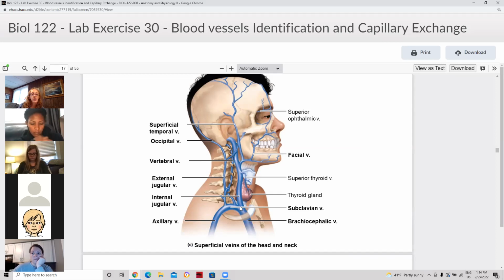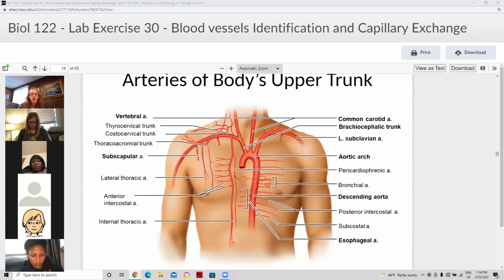The brachiocephalic vein, subclavian vein, axillary vein. So we saw some of these before, looking at the arteries of the upper trunk. The aortic arch, the brachiocephalic trunk, which becomes the right common carotid and the right subclavian.